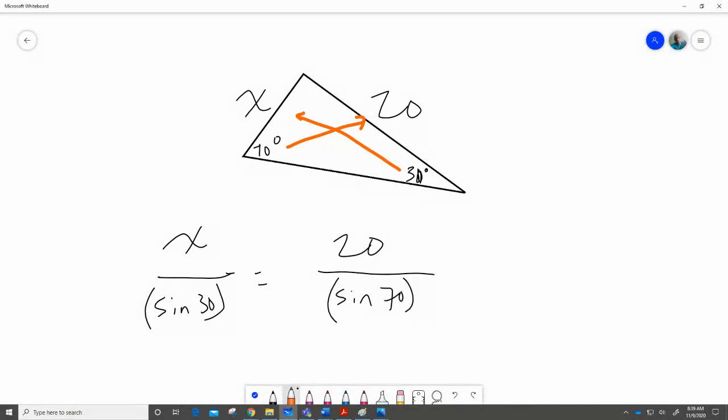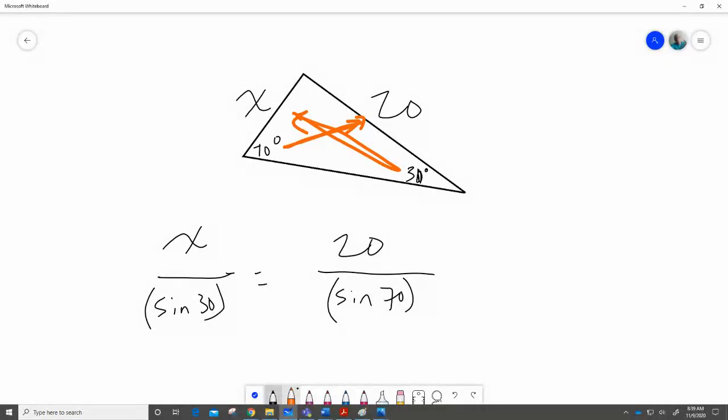Again, the 20 goes with the 70, the x goes with the 30. And that's the only way we could set it up. If we don't have it set up with opposite sides going to the angles opposite each other, then we need to rearrange the equation in order to do that. And so that may be subtracting angles, or that may be some other stuff here.